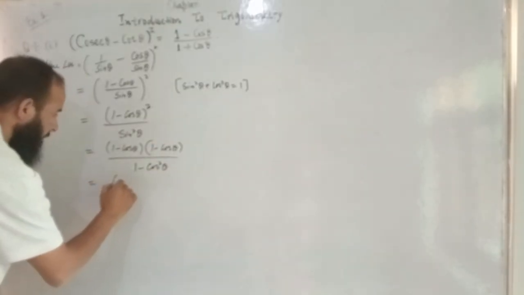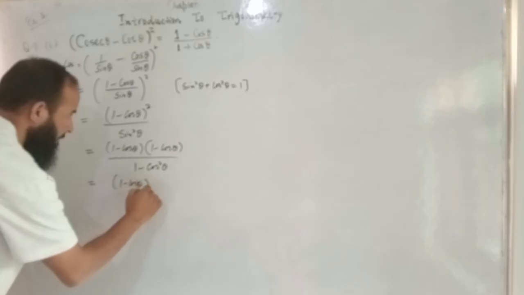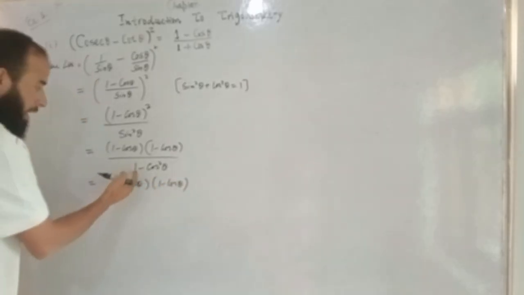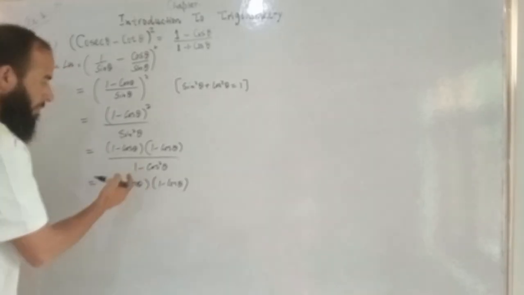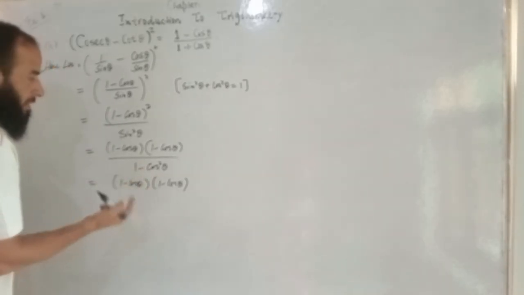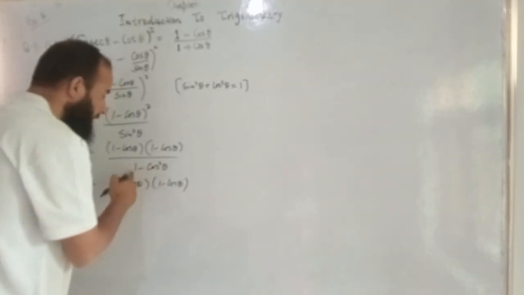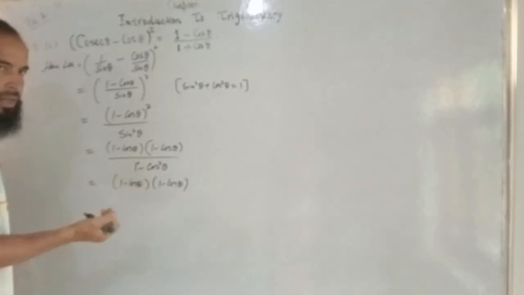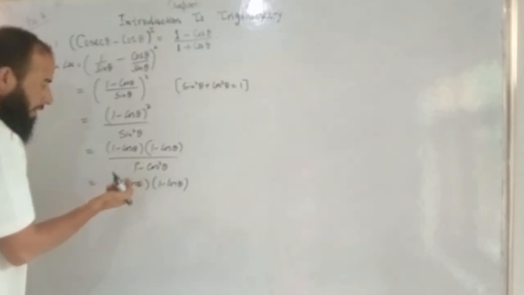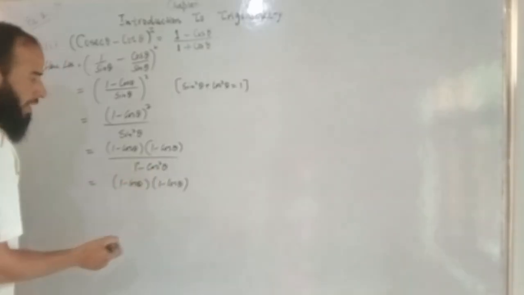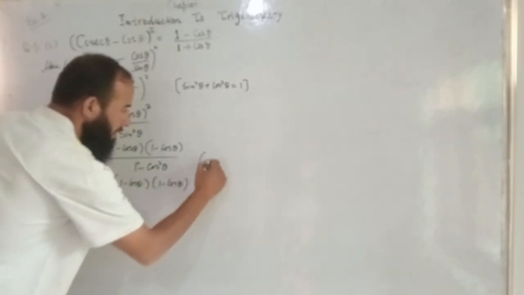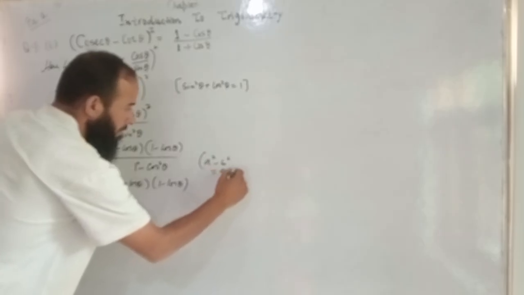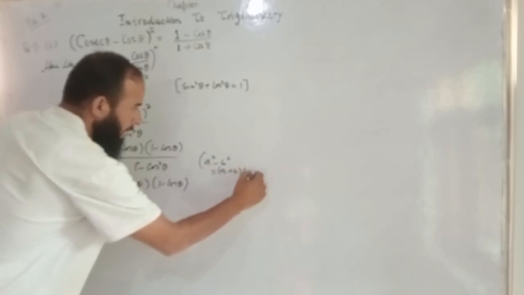This is equal to (1 minus cos of theta) into (1 minus cos of theta), upon 1 minus cos square theta. This can be written as a square minus b square, because 1 square is always 1, so it will be 1 square minus cos square theta. We know the formula that a square minus b square is equal to (a plus b) into (a minus b).